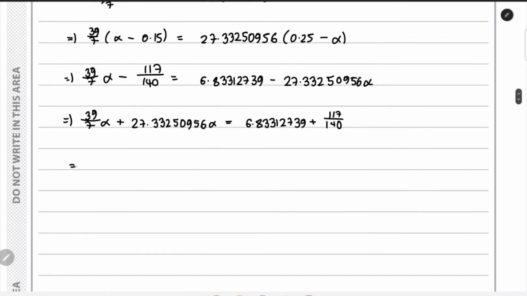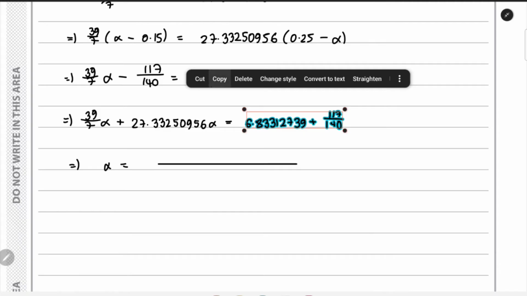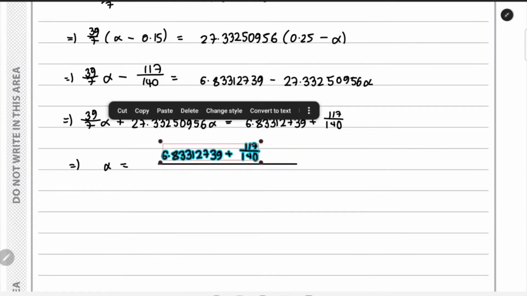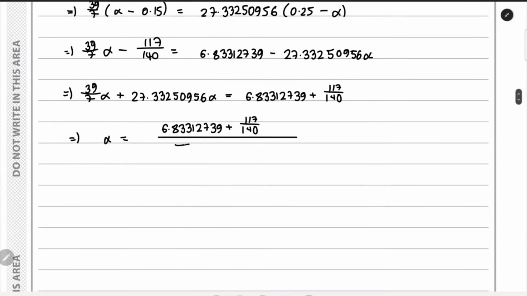From here I can find alpha. This will be equal to this term over here divided by 39 by 7 plus 27.33250956. From here the value of alpha to 3 decimal places will come out to be 0.233.